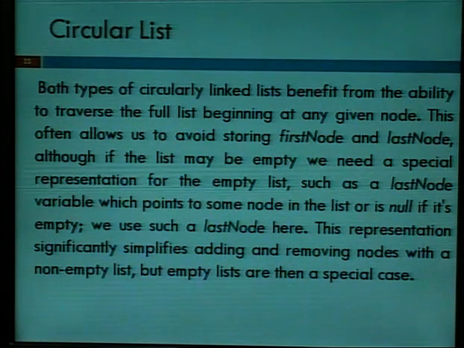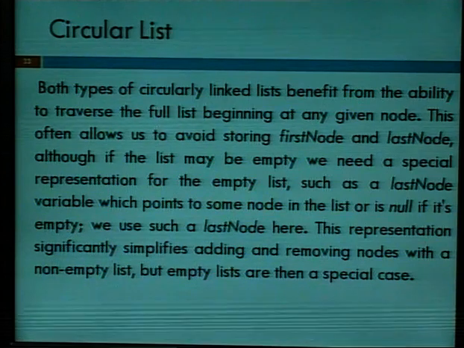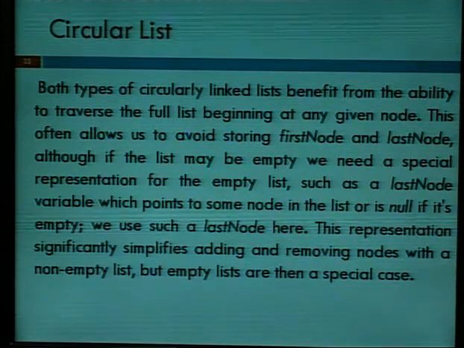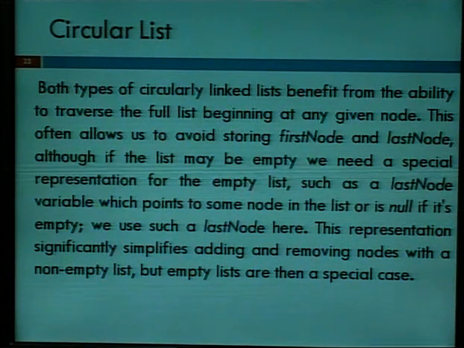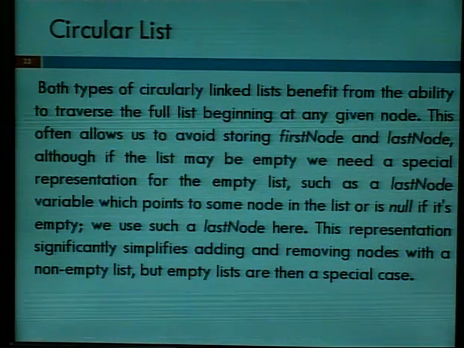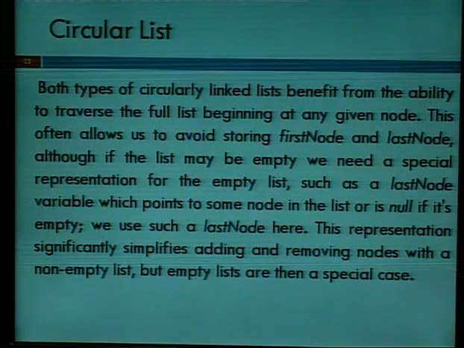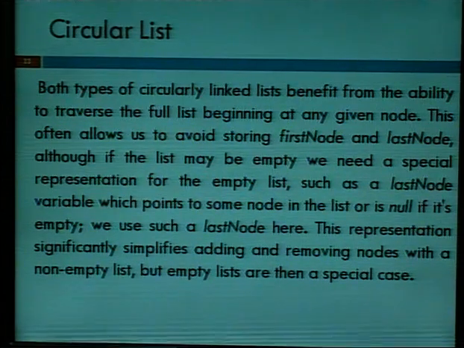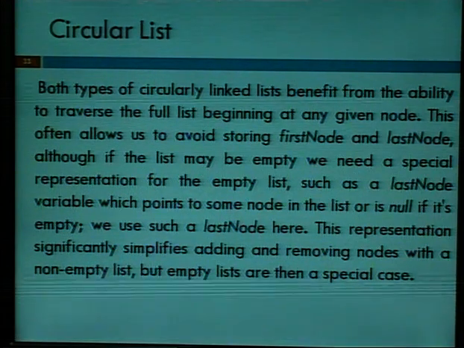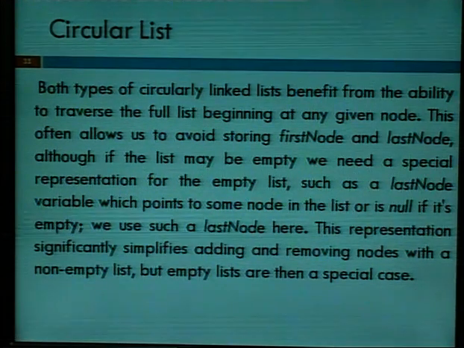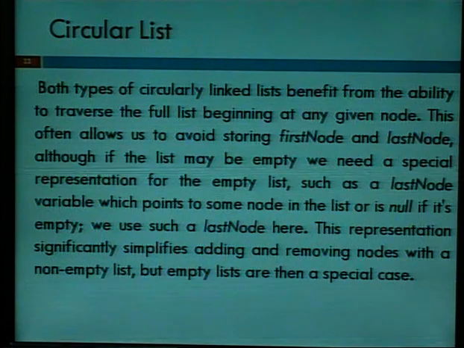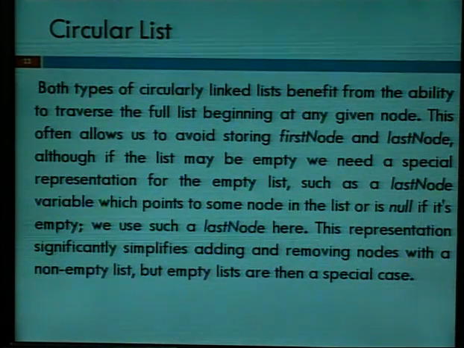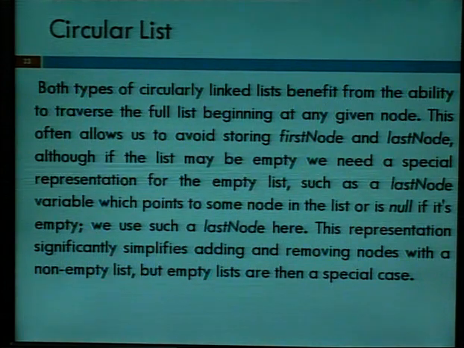Although if the list may be empty, we need a special representation for the empty list, such as a last node variable which points to some node in the list or is null if it's empty. We use such a last node here. The representation significantly simplifies adding and removing nodes with the non-empty list, but empty lists are then a special case.